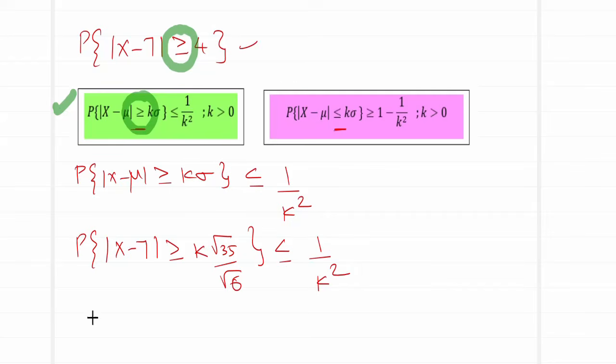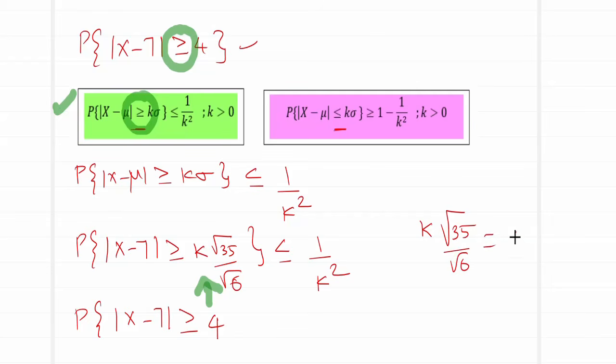Compare it with the given question. The given question is |x minus 7| greater than or equal to 4. So now comparing will give us the value of k. From here, what can we say about k? k times root 35 by root 6 is equal to 4. So what is k? k is 4 times root 6 by root 35.